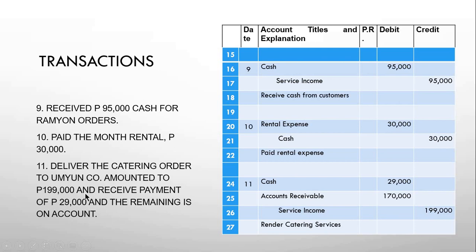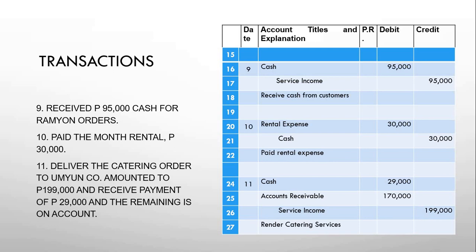So, yung 29,000, that's for cash kasi receive payment of 29,000. So, that's lumaki yung cash in this case. So, debit cash for 29,000 and the remaining is on account. So, technically, dahil yung binenta mo or yung service na pin-provide mo is 199,000, yung binayad nila is 29,000 lang cash, kaya meron ka pang collectible sa customer for the remaining balance.